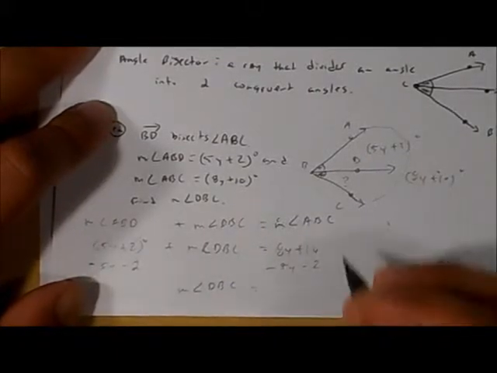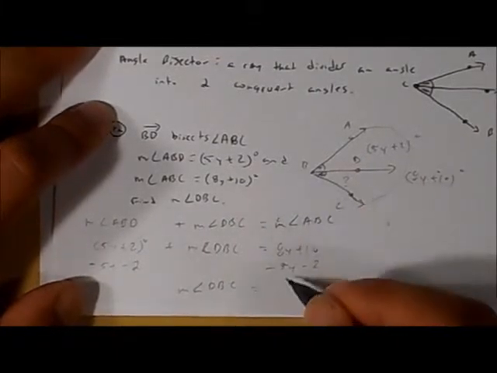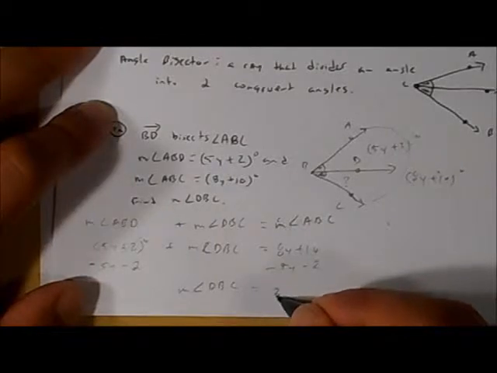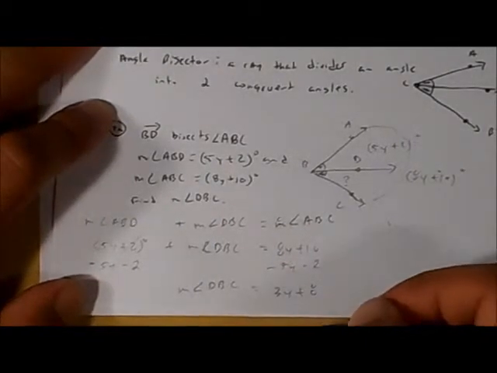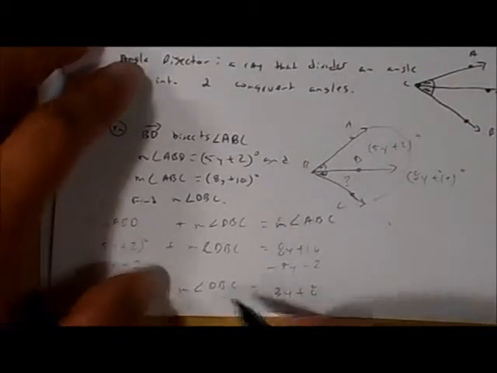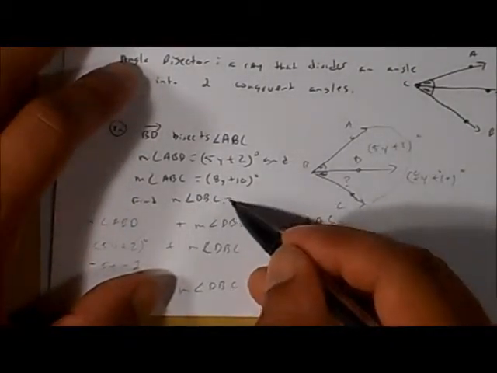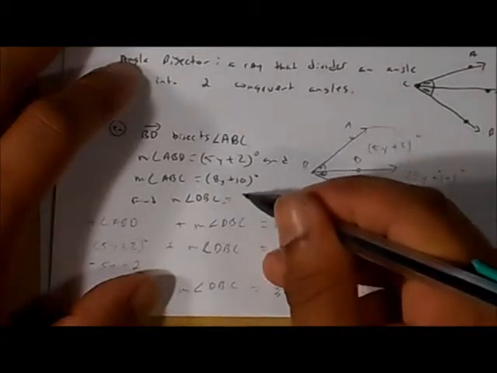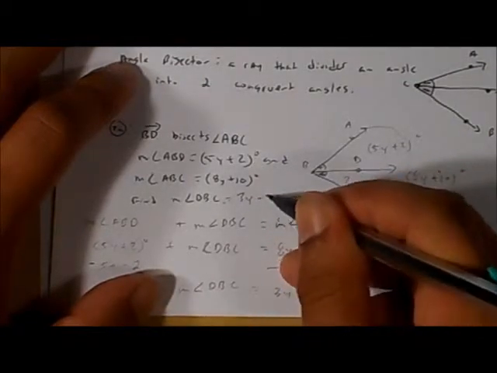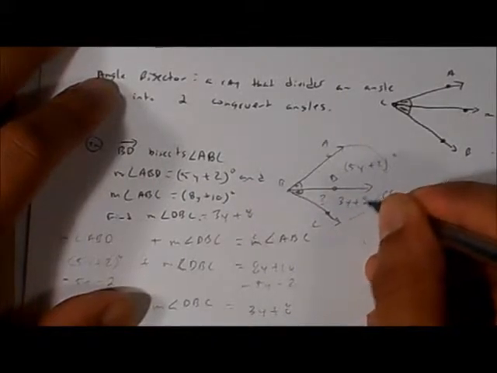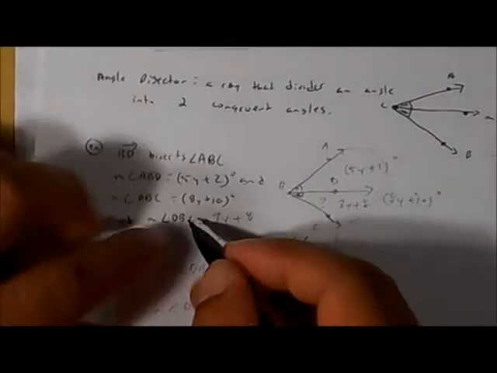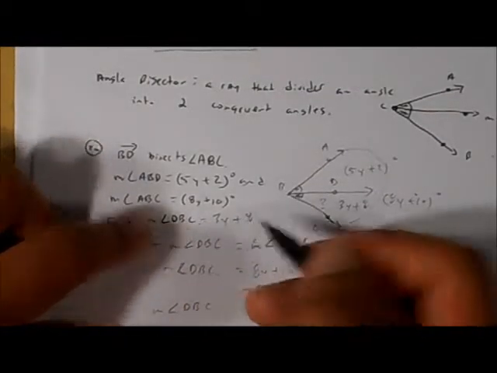So the measure of angle DBC is equal to 3y plus 8. Now that's one part. Okay, so there you go. Measure of angle DBC is equal to 3y plus 8.